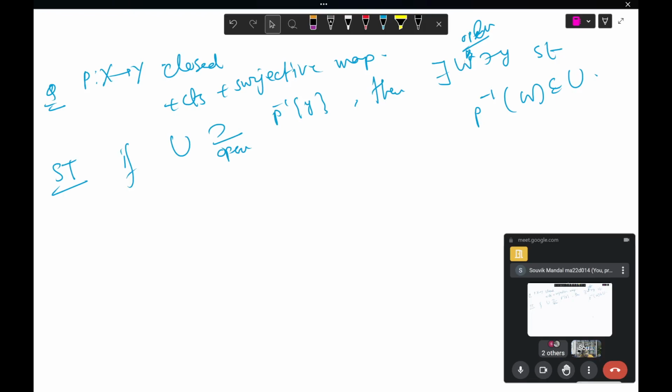Since P inverse of the singleton y is contained in U, which is open, the complement of U is closed in X. Since the map is a closed map, P of U complement is closed in Y, and it does not contain the element y.